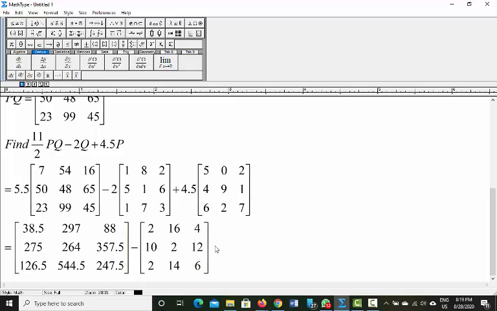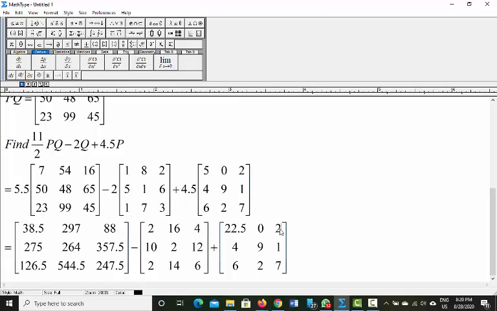Right. Similarly, we will multiply this one also. Now if you multiply all the elements inside the matrix with 4.5, if you multiply 5 by 4.5, we will get 22.5. Let me check. 5 multiplied by 4.5 is 22.5, and 4.5 multiplied by 0 is 0.